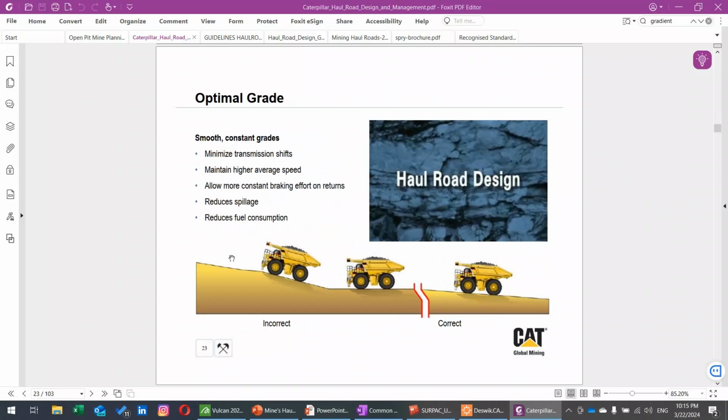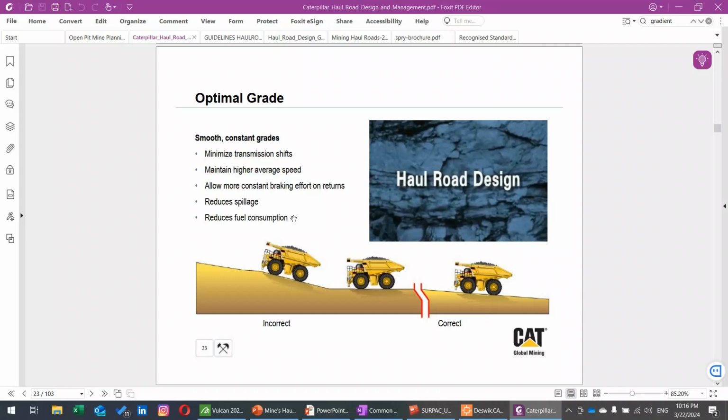Again, Cat Global is also recommending that the optimal grade is a smooth and constant grade, and the grade must not oscillate. The reasons look very clear but are very fundamental and critical: minimizing transmission shifts, because every time that the slope is changed, the truck needs to gear up or gear down, and this will cause fatigue in the mechanical and rotational parts of the transmission system.